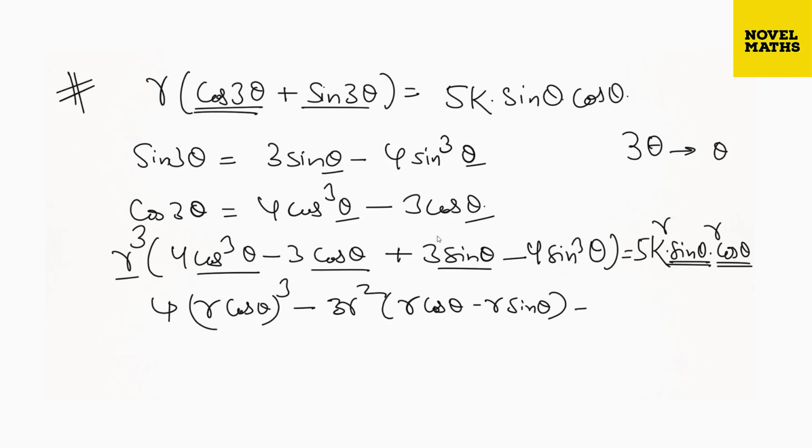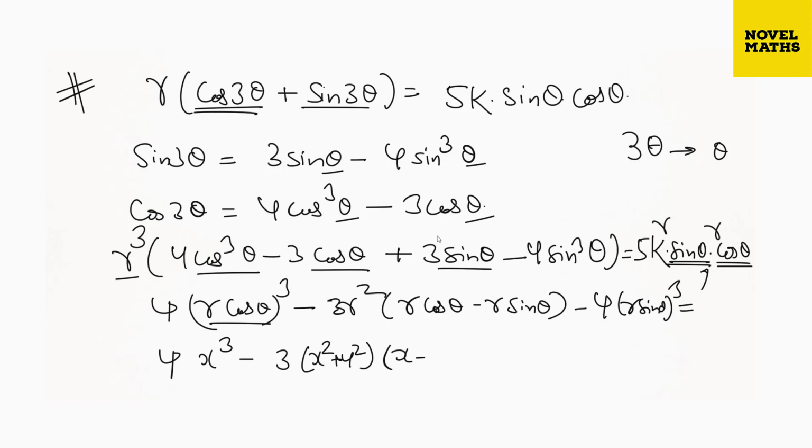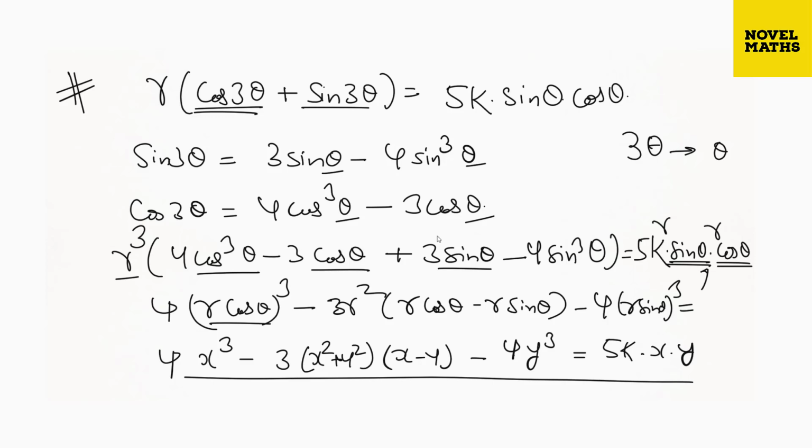Alright, we are almost done. 4 r sin theta whole cube is the same thing. Just replace these terms. So this becomes 4x cube minus 3 r square, which is x square plus y square, times x minus y, minus 4 y cube equals 5k x y. Very simple.